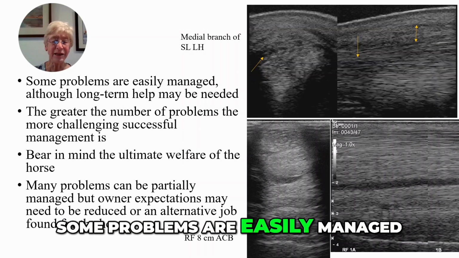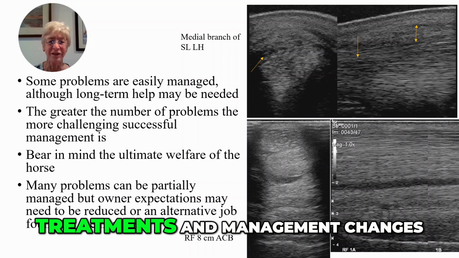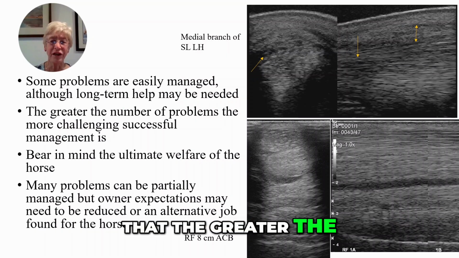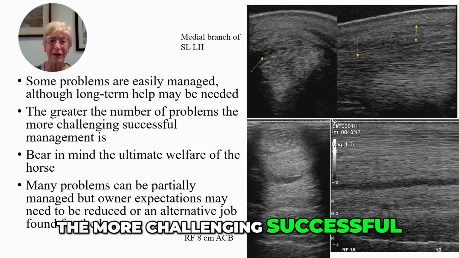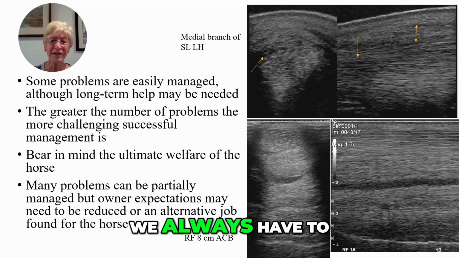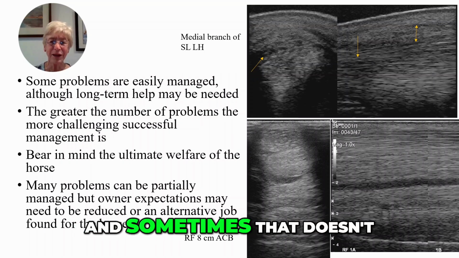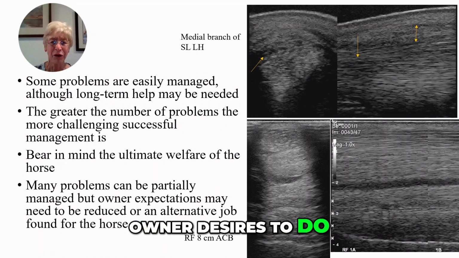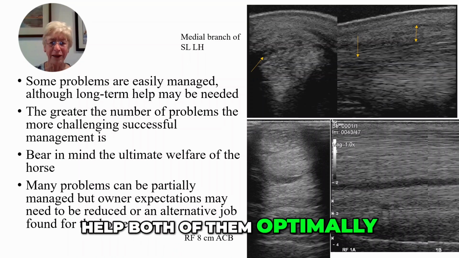Some problems are easily managed, although long-term help may be required with repeated treatments and management changes. There is no doubt that the greater the number of problems that a horse has, the more challenging successful management is. We always have to bear in mind the ultimate welfare of the horse, and sometimes that doesn't coincide with what the owner desires to do with the horse, and we therefore have to try to reach a compromise solution to help both of them optimally.